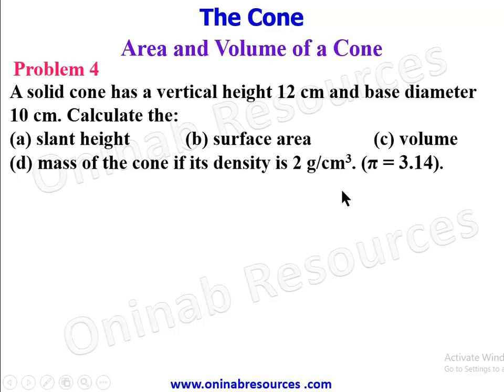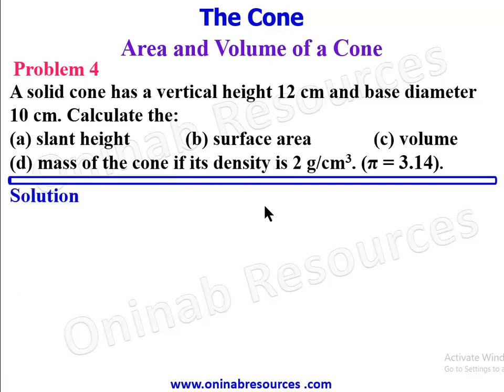This is a complete problem of a cone. We are going to find the slant height, the surface area, the volume, and additional information, that is the mass of the cone given the density. We are going to use the density plus the volume to find the mass. So let's go to the solution of the problem.